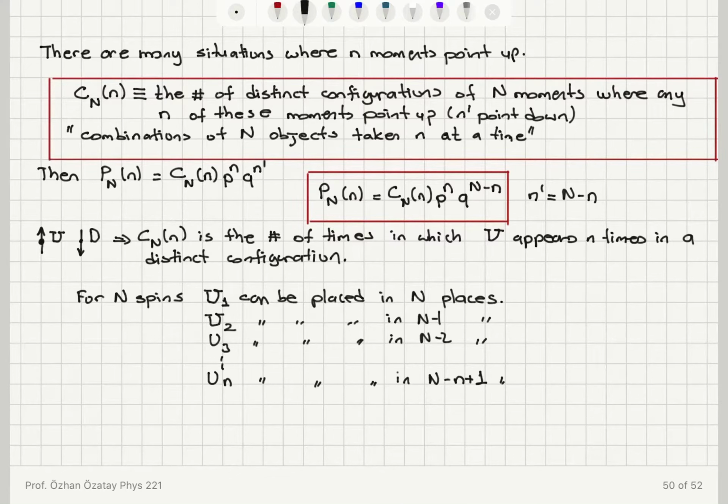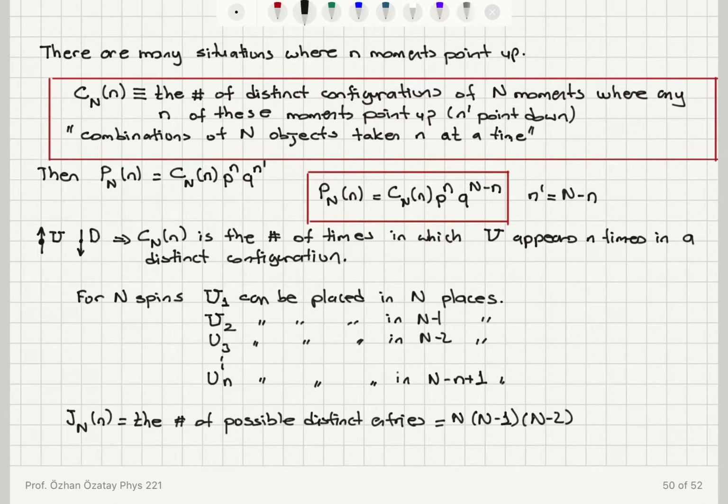All right. So if I call J, subscript capital N lowercase letter n, the number of possible distinct entries, this is going to be equal to, because there are N different ways of putting u1, N minus 1 different ways of putting u2, N minus 2 ways of putting u3, all the way up to N minus n plus 1 ways of putting un, and this is mathematically equal to N factorial divided by N minus n factorial.